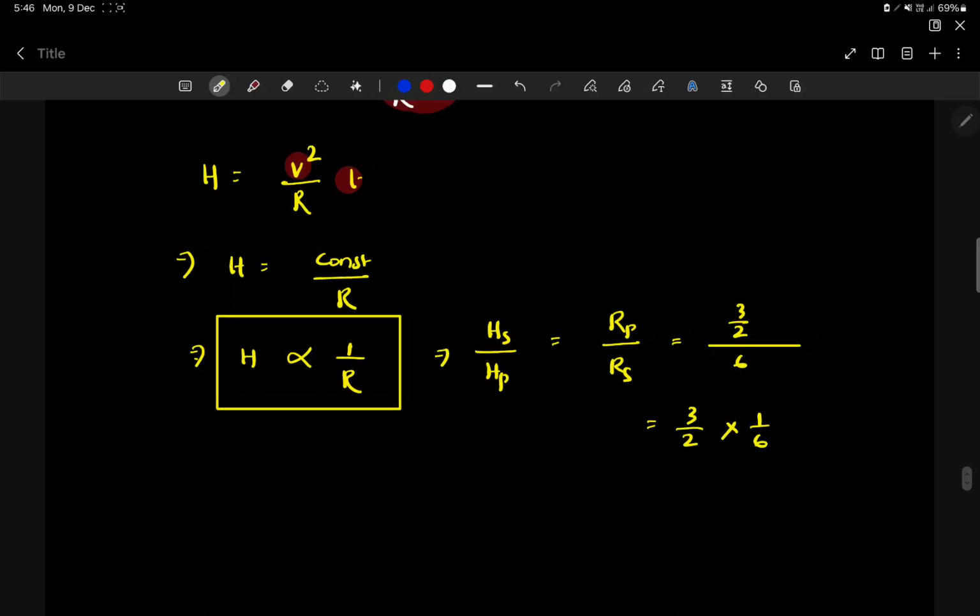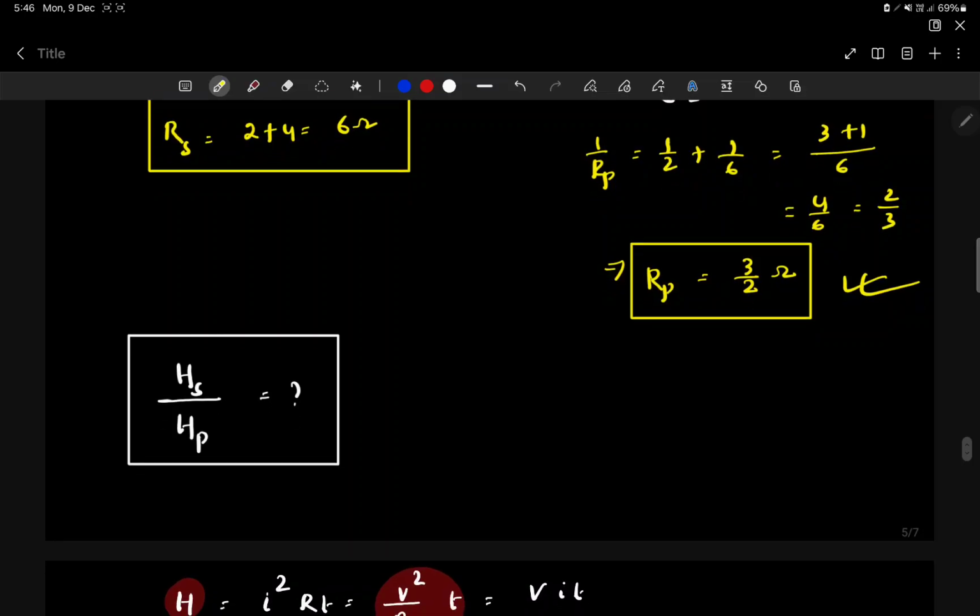It is asking Hs by Hp, that is your Rp by Rs. So Rp value is 3 by 2.